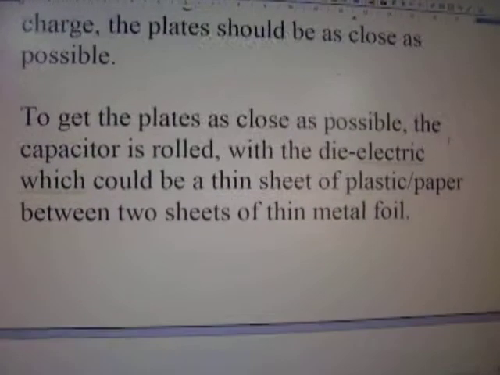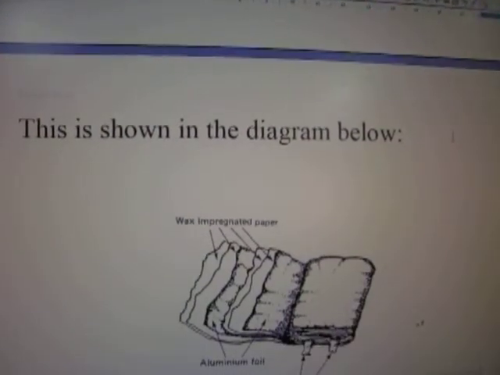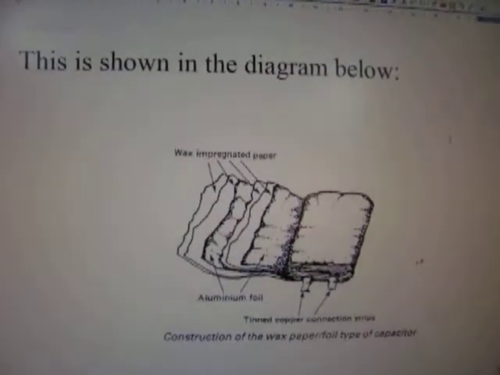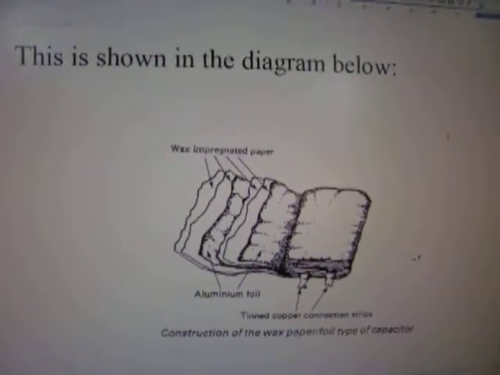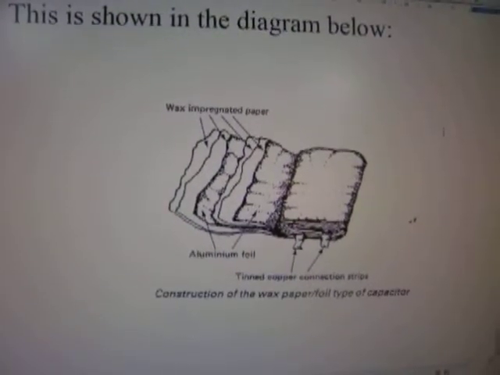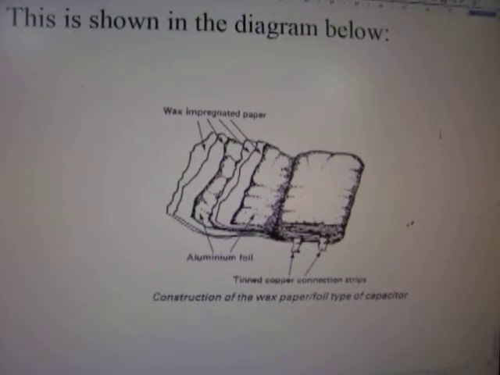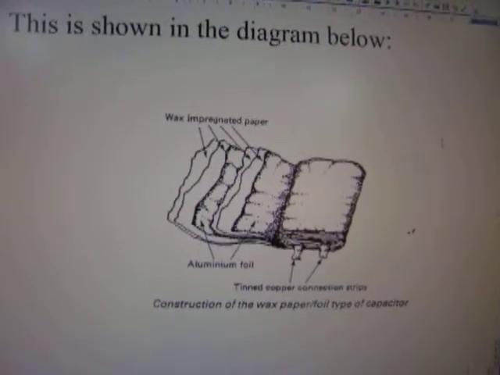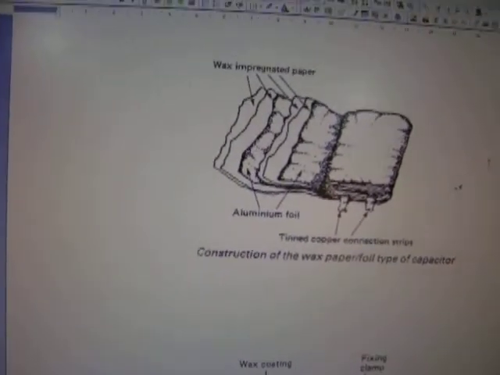Now again here, read the information. You don't need me to be reading this for you. You're quite capable of reading this for yourself. So read it. This shows in the diagram how the plates in regards to a capacitor are folded up, and how the wax paper insulator is inserted in between the foil that makes up the capacitor in this case.